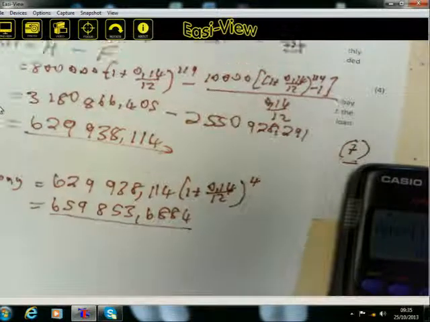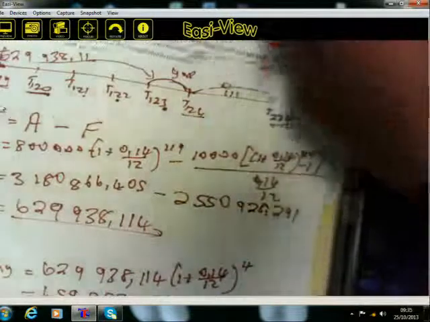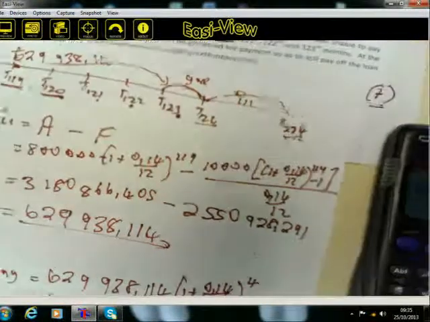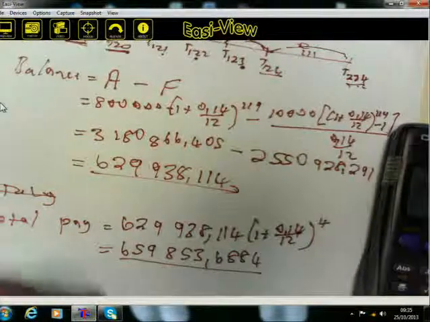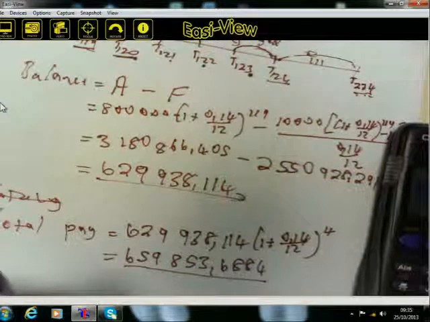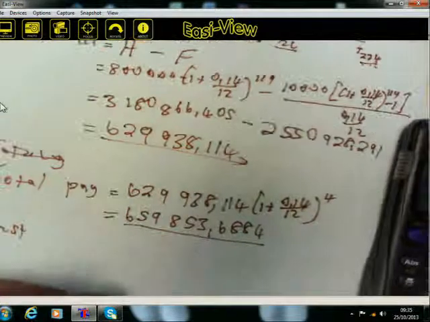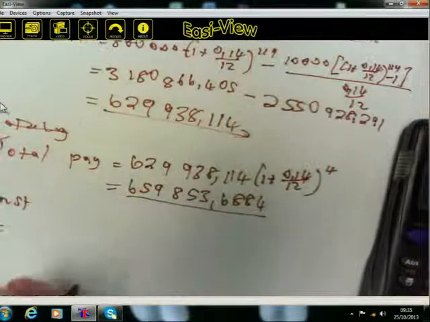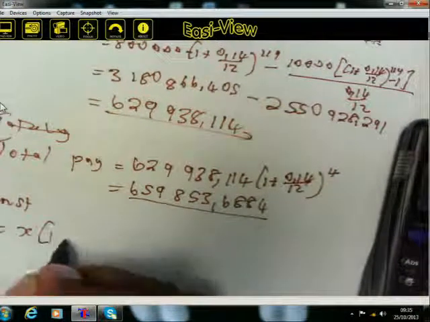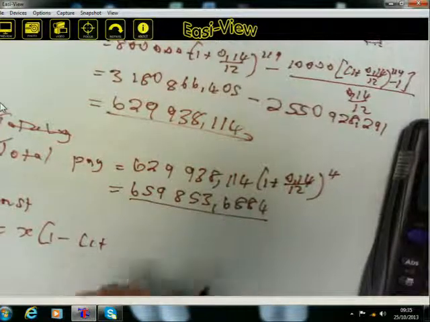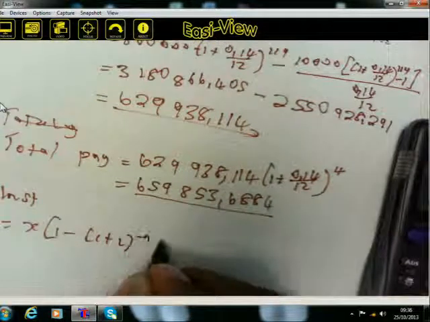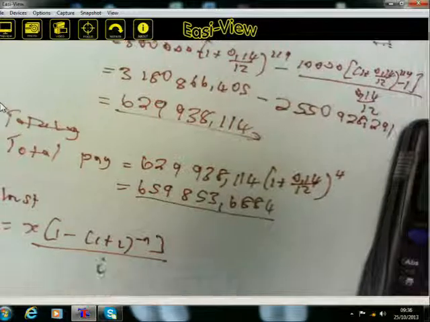Now the question, remember, was what is the new installment? For the new installment we have PV equals x into 1 minus 1 plus i to the power of minus n, divided by i.